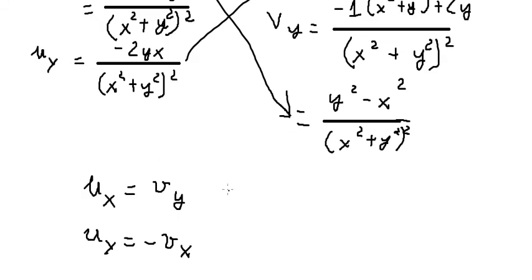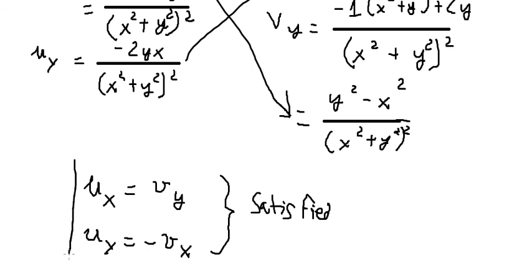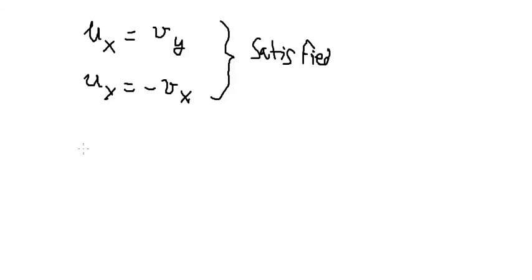So we can say that they are satisfied. This is the formula to compare after we do differentiation of u and v with respect to x and y. So we can say they are differentiable.